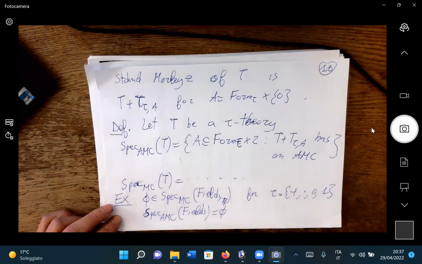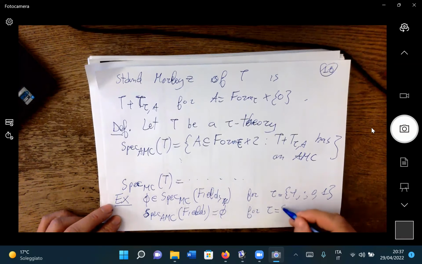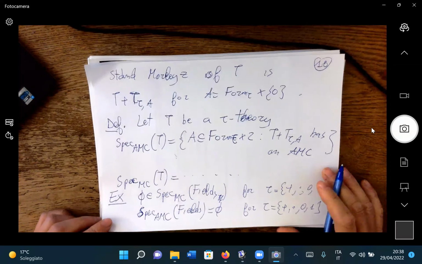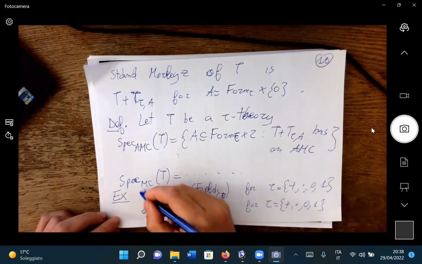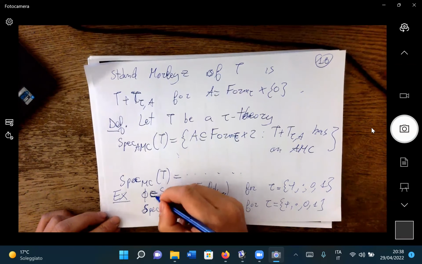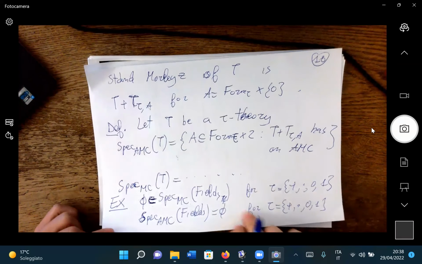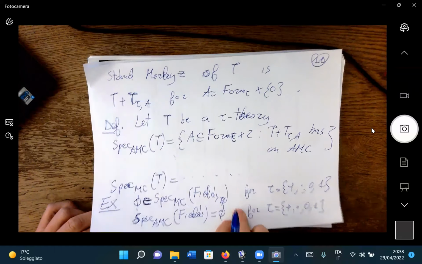So there is nothing for tau equals plus, times, 0, 1. It's not entirely correct, but essentially, modulo small perturbation, this is the unique element in the spectrum of fields for model companionship.